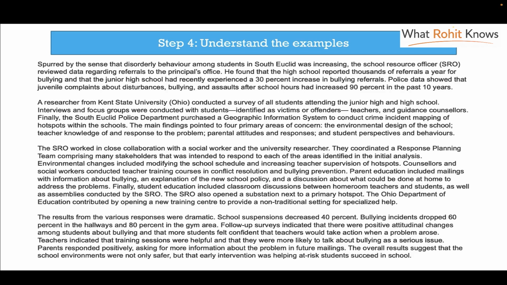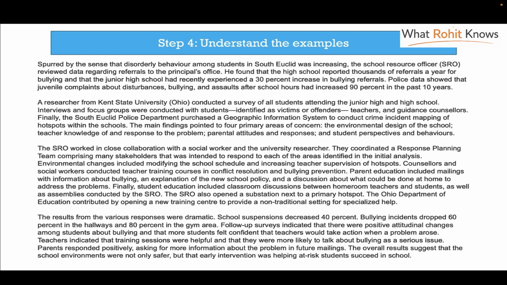Now, similarly, in the second paragraph, in the second sentence, interviews were conducted with students, teachers, and guidance counselors. Again, I don't really need to know this, because from the first sentence I know that a survey was conducted, and pretty much that's sufficient. Similarly, in the last sentence of the second paragraph, the four primary areas of concern. We don't need to go into that level of detail, because I'm just writing a summary.